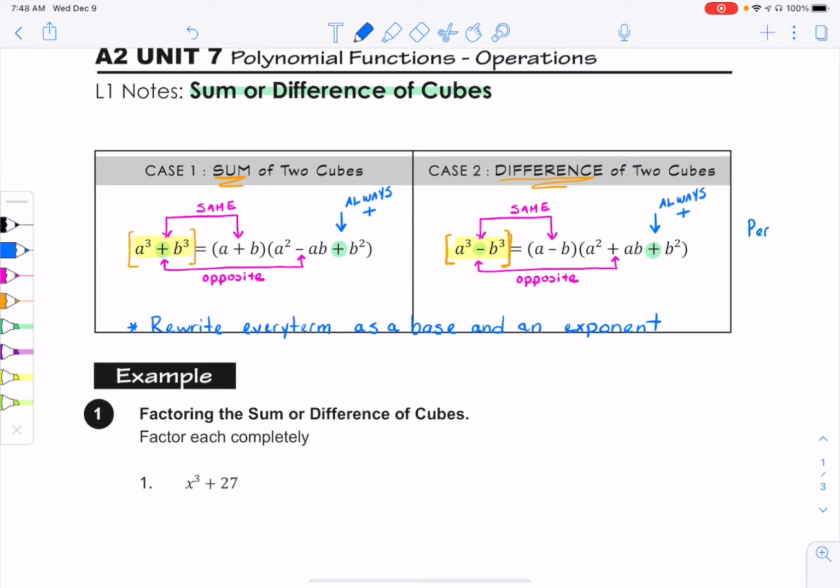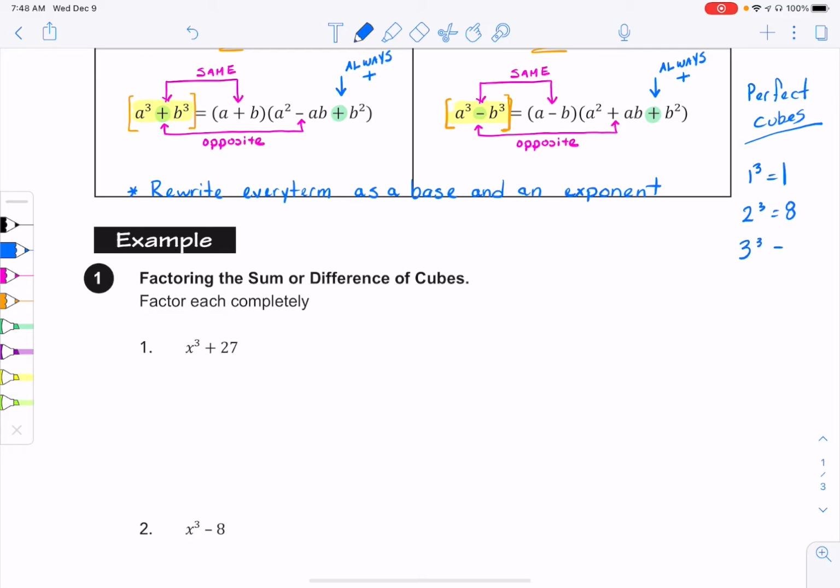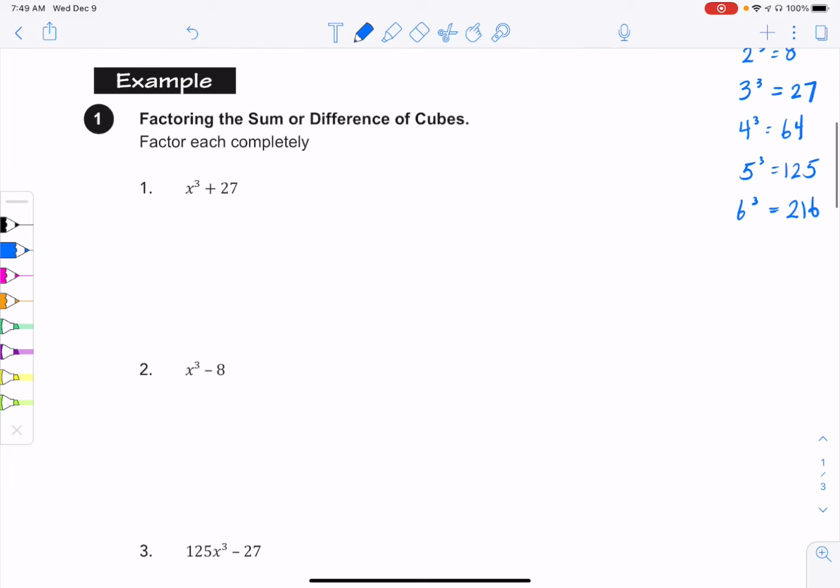So I'm going to make a short list on the side of my paper. 1 cubed is 1. 2 cubed is 8. 3 cubed is 27. 4 cubed is 64. 5 cubed is 125. 6 cubed is 216. 7 cubed is 343. 8 cubed is 512. 9 cubed, 729.